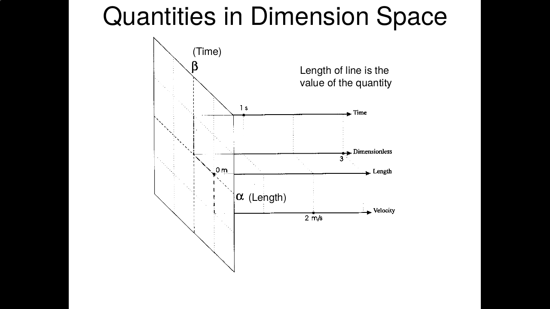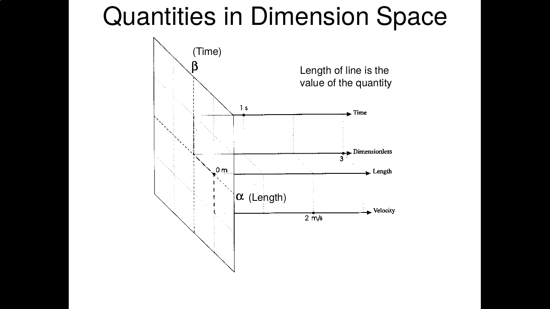So something like a pure length involving no component of time, where time is to the 0 power, lies on this axis at this point. Velocity, meters per second, involves 1 step out in length and minus 1 in time. Here, that's because the time is to the minus 1 power.